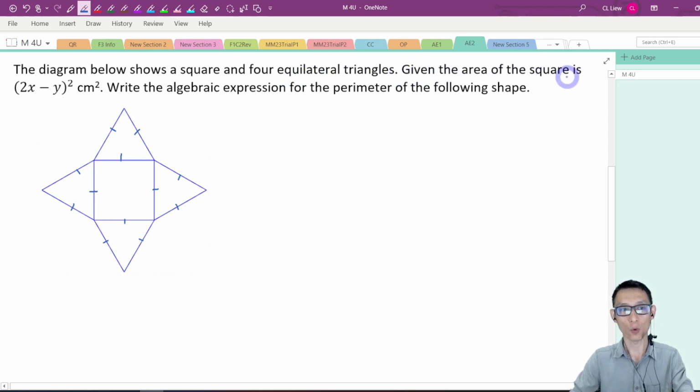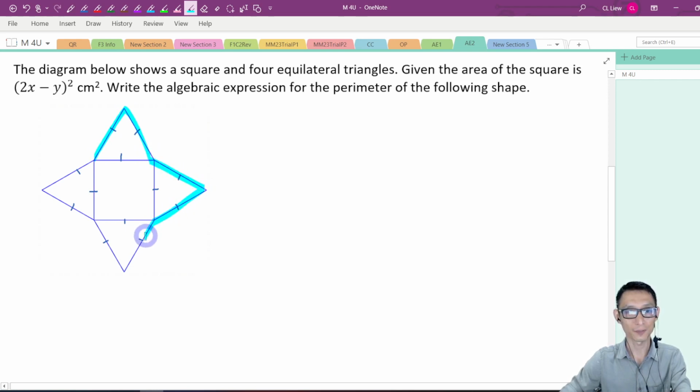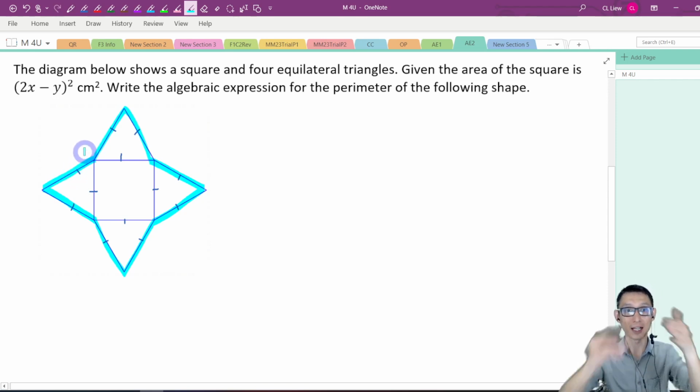Given the area of this square is (2x minus y) squared square centimeters, write the algebraic expression for the perimeter of the following shape. To find the perimeter, we need to know the length here, and then add up all the lengths together. Perimeter is just focusing on the lengths surrounding the outside. We don't have to add the lengths inside.